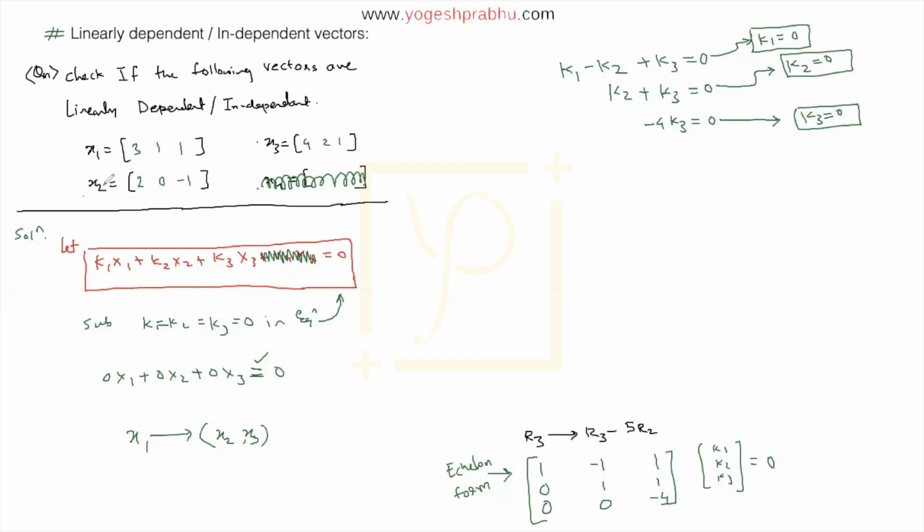I hope you followed this. So the final conclusion is that the vectors given to you, x1, x2, x3, are linearly independent. So let's write that. Therefore, vectors x1, x2, and x3 are linearly independent.